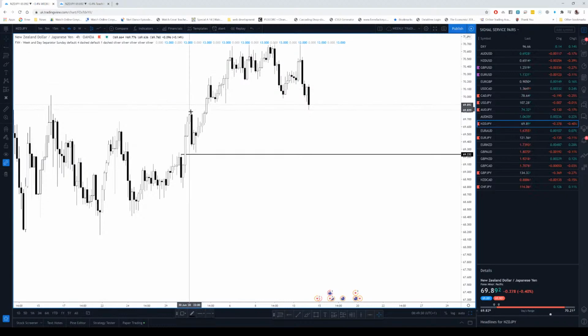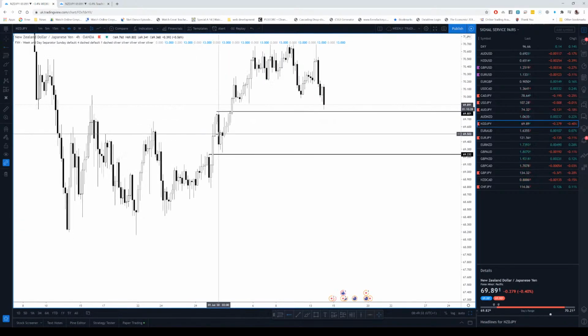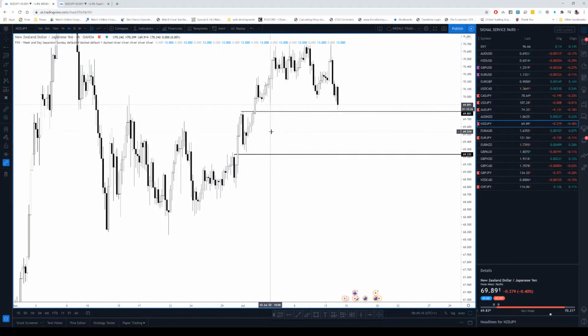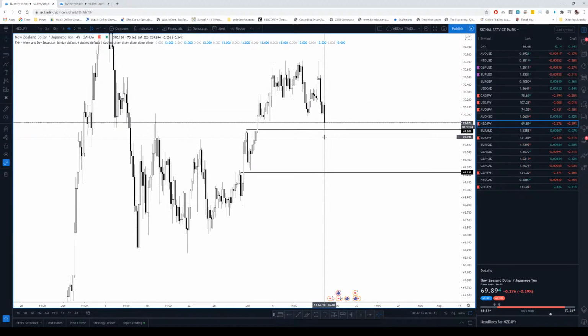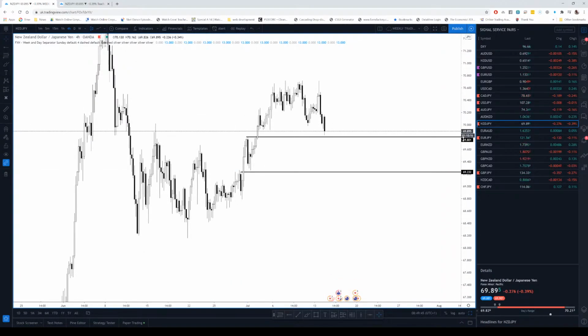Even though we do have that level sitting there, it'll give us a short-term bounce. But because this is a swing trade idea where we're looking for price to come all the way down here, I wouldn't consider this for now.